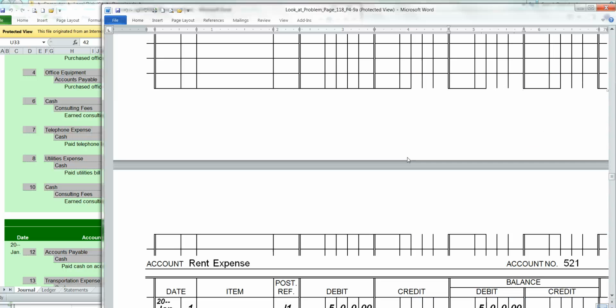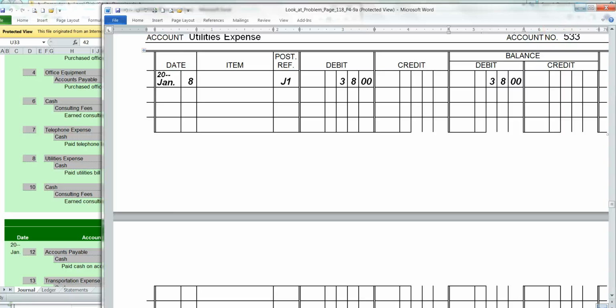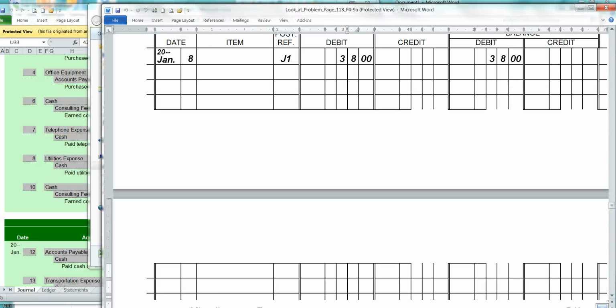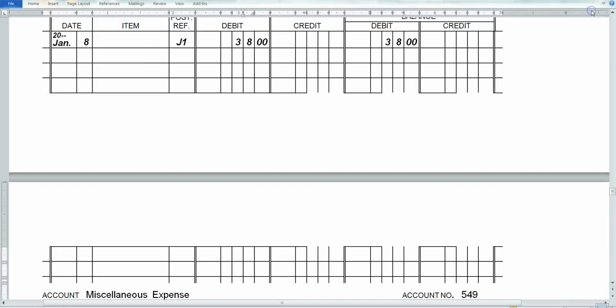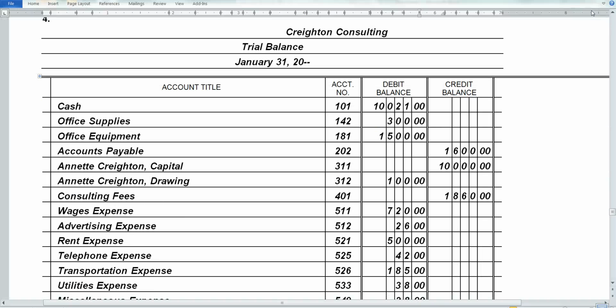And we will use all the balances for all the accounts to create our trial balance.